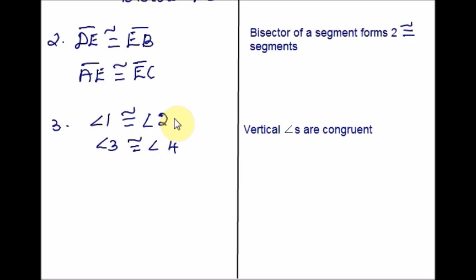So you can say that by SAS property, side angle side, if two sides and the included angle of one triangle are congruent to the corresponding parts of the other, then the triangles are congruent. So triangle AEB is congruent to CED. Same way, triangle DEA is congruent to BEC.